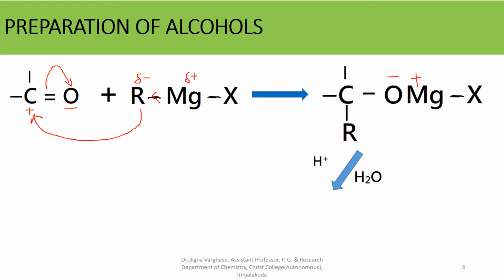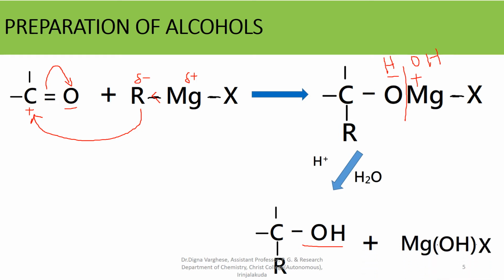Here you can see the product is an alcohol. In water, it will undergo splitting into H and OH parts. So here alcohol forms, and next magnesium hydroxyl halide is formed.